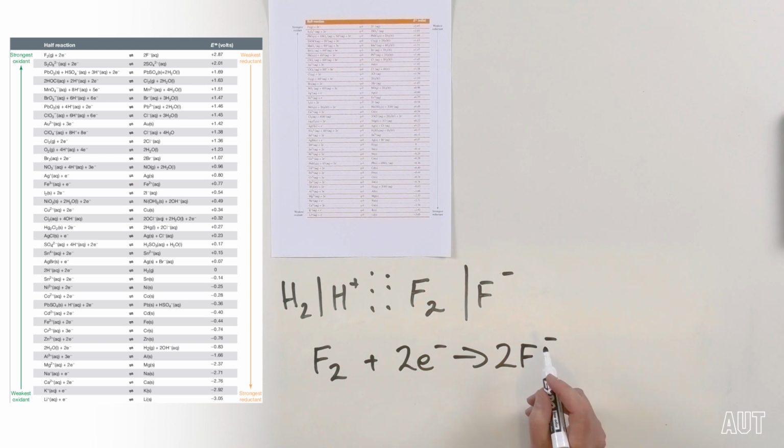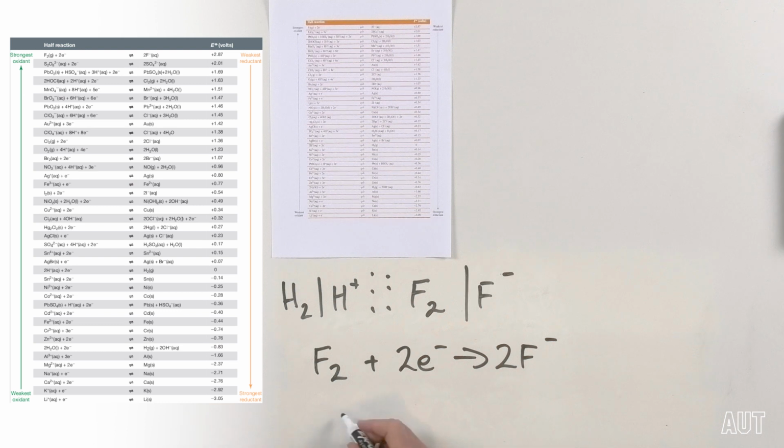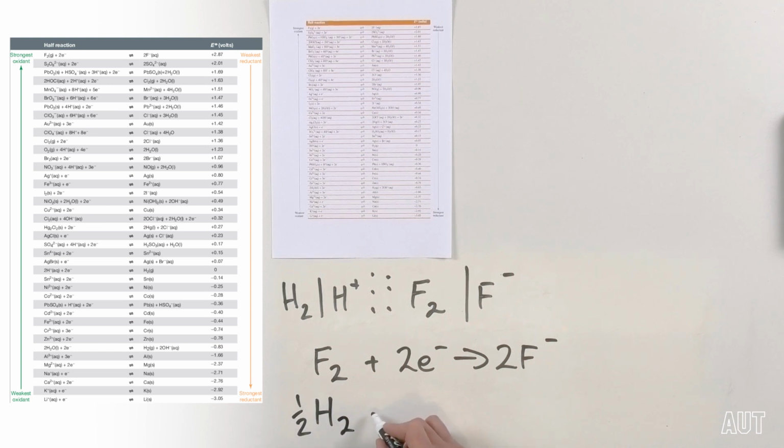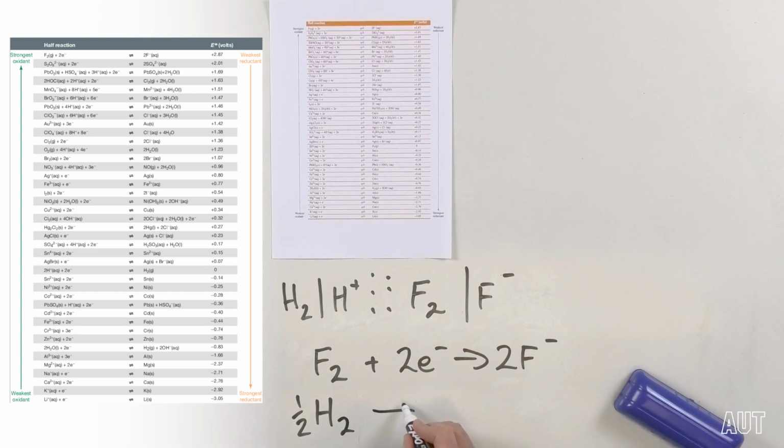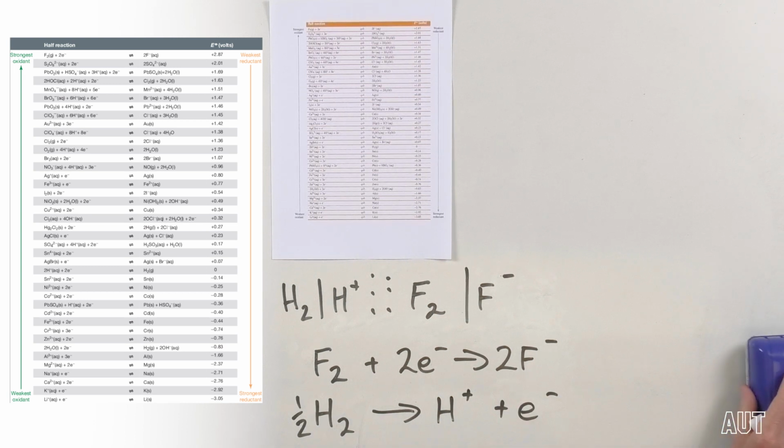And that is going to be a reduction, and the oxidation is going to be half H2 going to H plus plus an electron, okay?